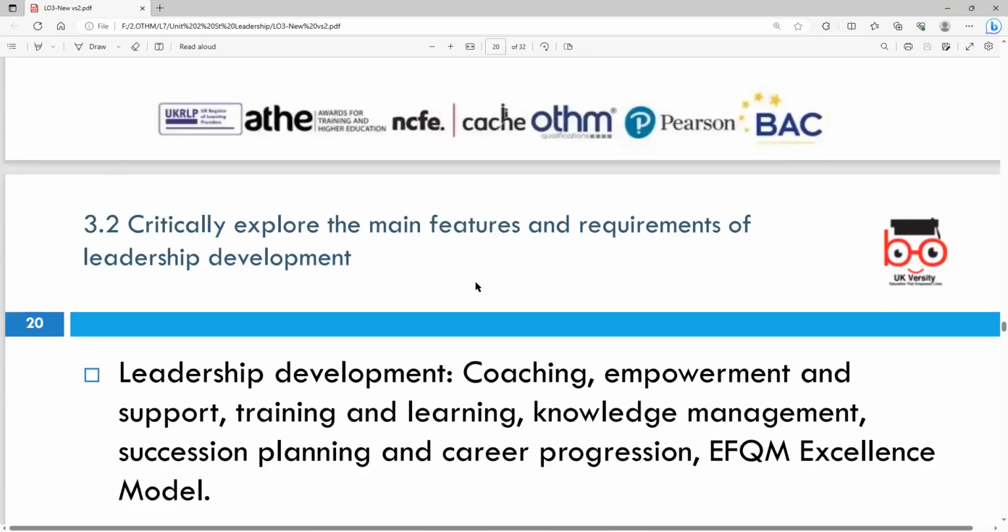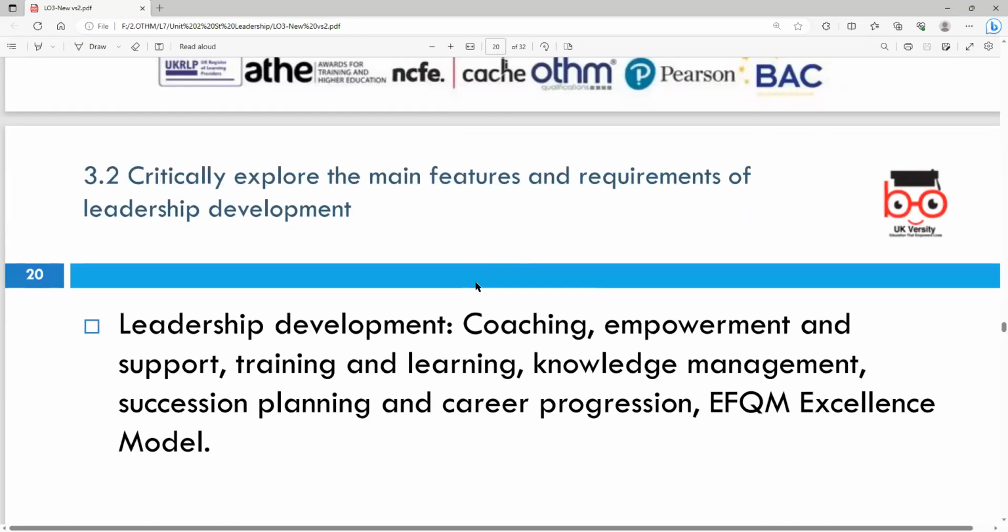Okay, so let's move on to 3.2, which looks at the critical exploration of the main features and requirements of leadership development.